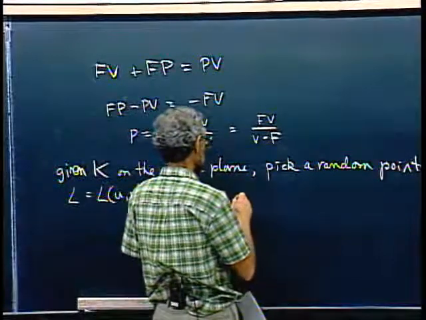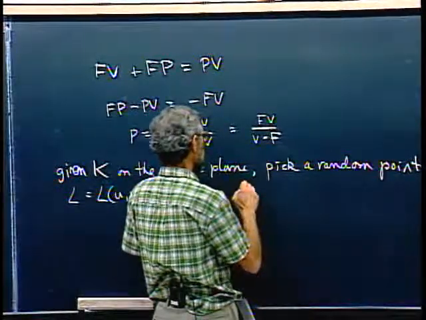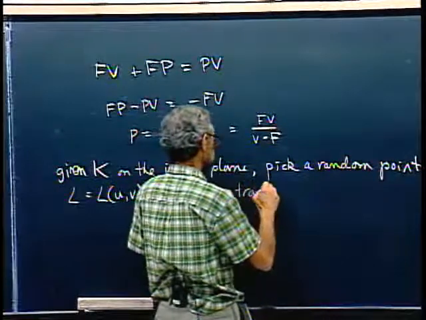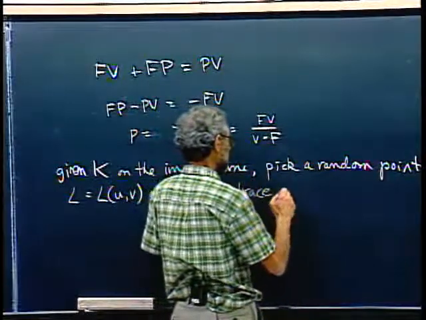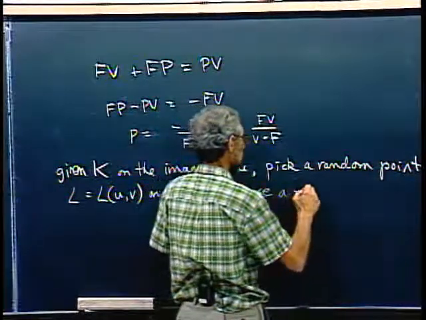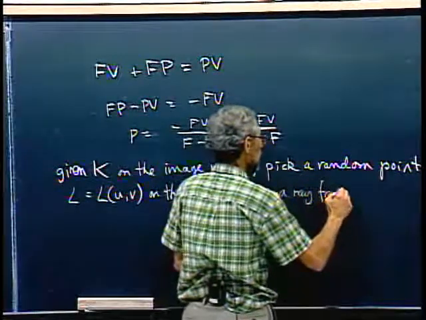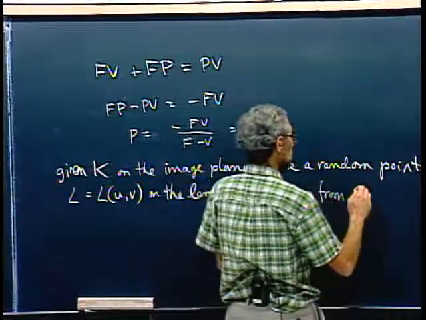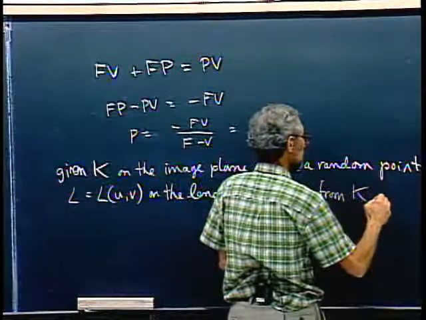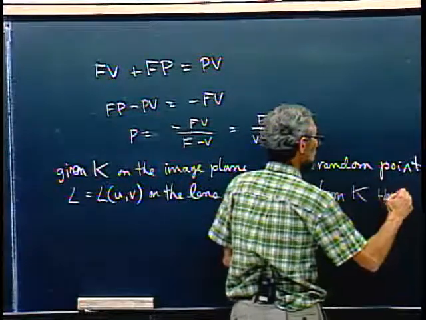And basically, now what we do before that is we trace, because this is good for all of the rays, I should have said it first: trace a ray from K through the center of the lens.